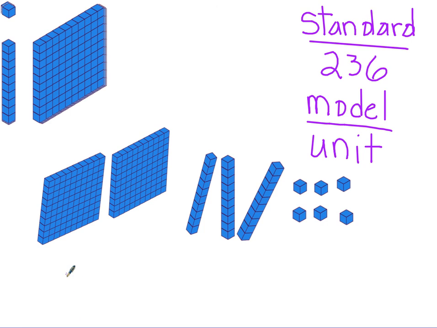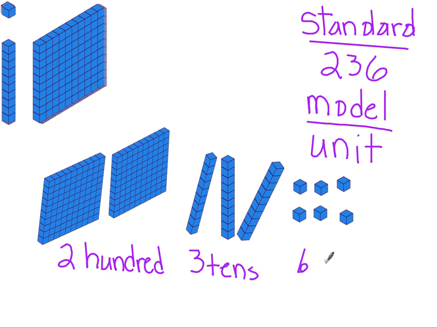So they would tell us that they have 2 hundreds, 3 tens, 6 ones.